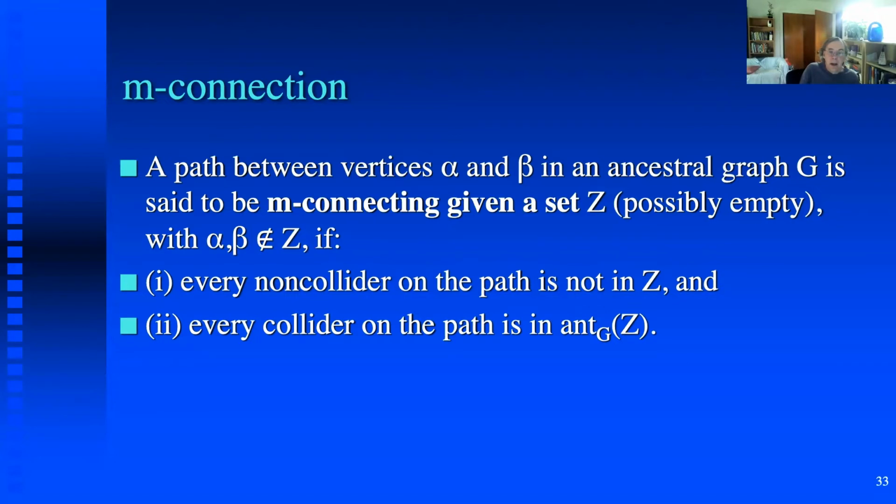And just as in the DAG, in order to be D-connected, every collider on the path has to have a descendant in Z. Here it just has to be anterior to Z, which is very close to the same thing. It's just that you can't have any edges pointing backwards towards the collider.